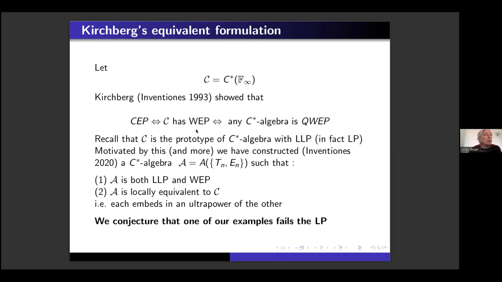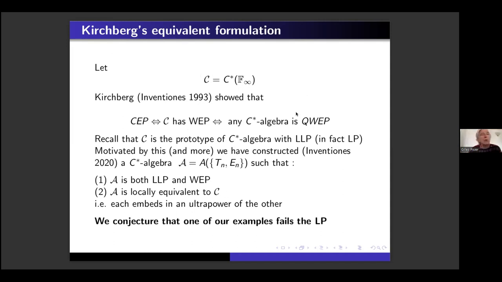The implication from left to right here, from the WEP assertion to the QWEP assertion, is obvious, or almost obvious if you like, because any separable C-star algebra is a quotient of the algebra C, which is here.